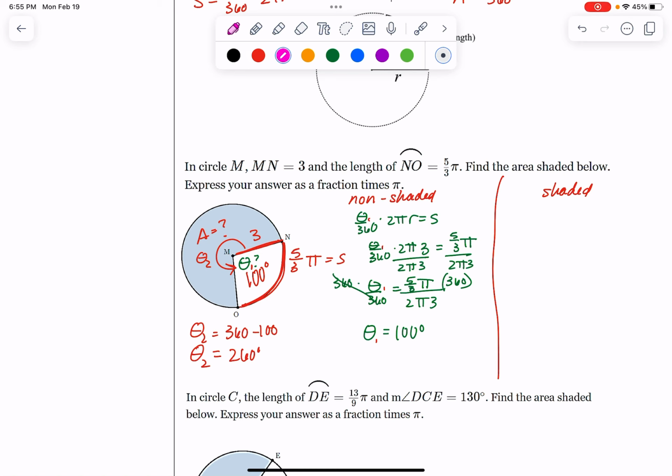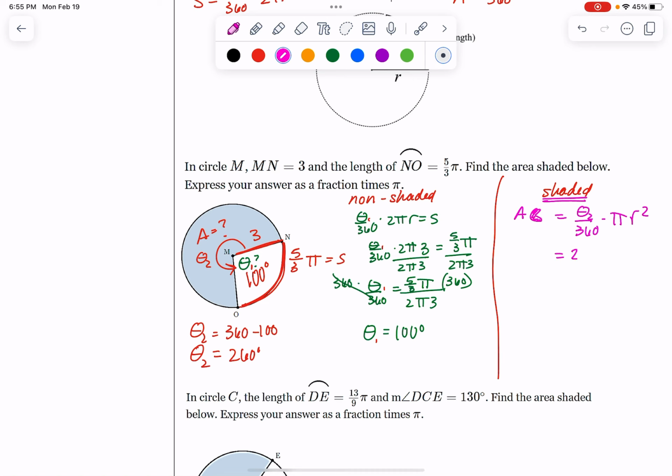The area of the shaded part, so I'm going to just do a little Pac-Man here. That's the part that we're finding the area of, is theta 2 over 360 times pi r squared.